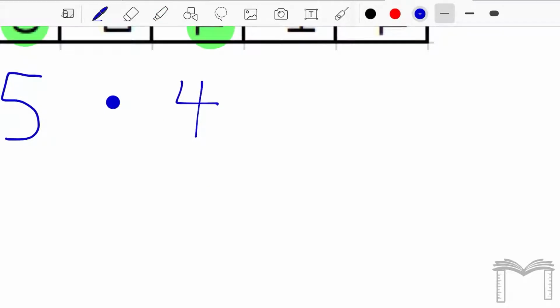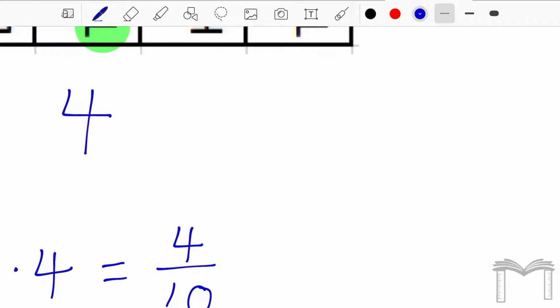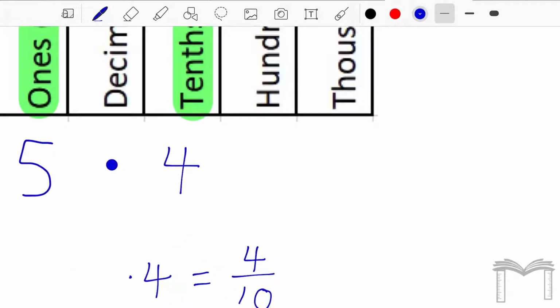And what that means is 0.4 is equal to 4 over 10. So the decimal fraction is a type of fraction.